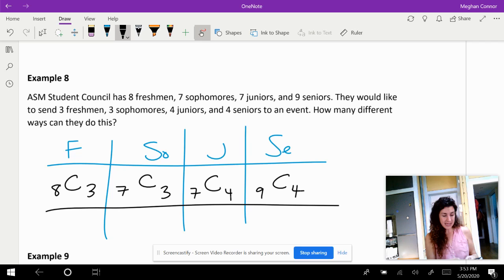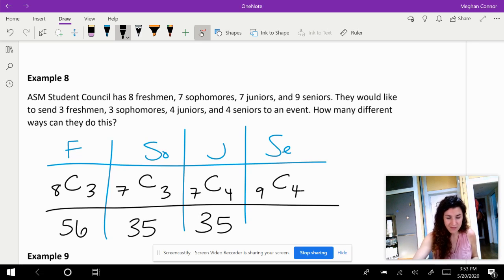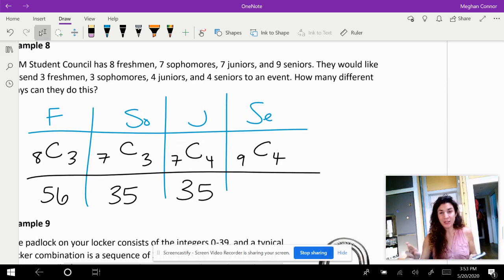So then 8 choose 3, which we did up above, 56, is that what it was? Yeah, 56. And then 7 choose 3 is 35, and then 7 choose 4 is 35, because 3 plus 4 is 7.